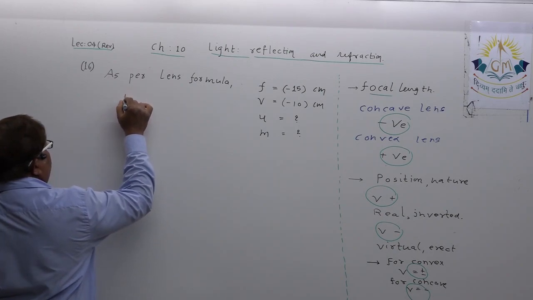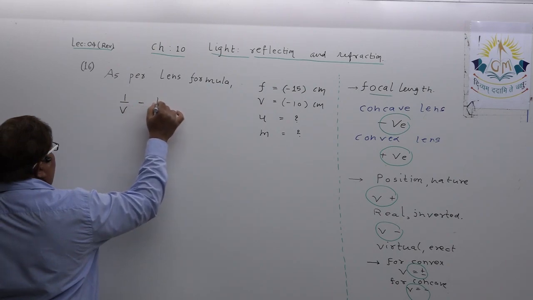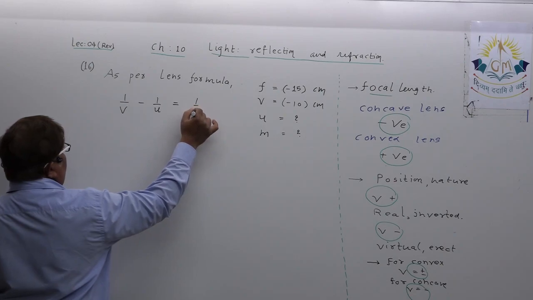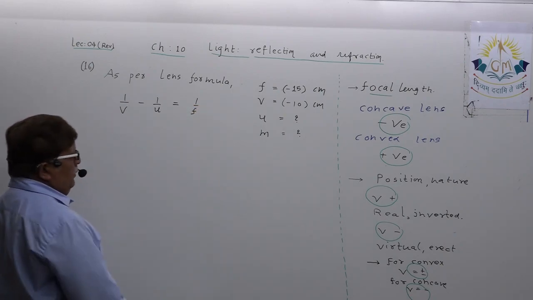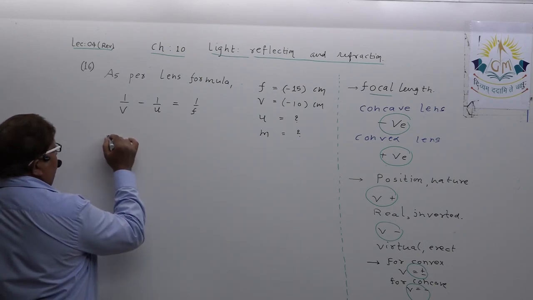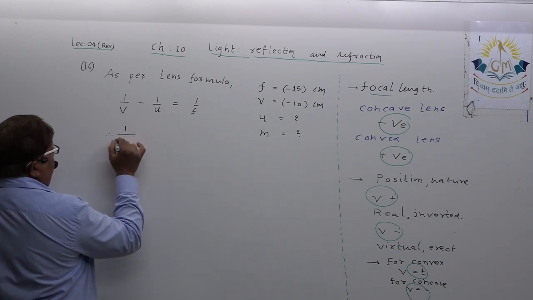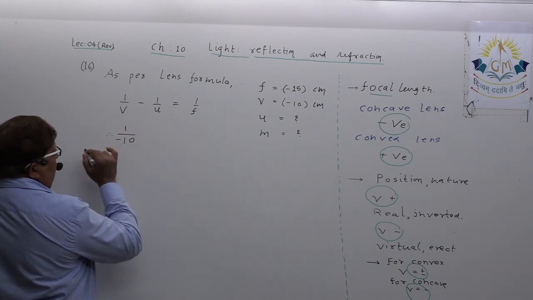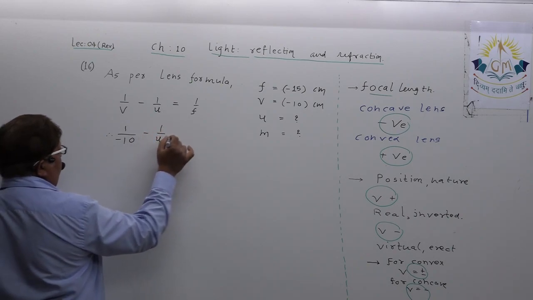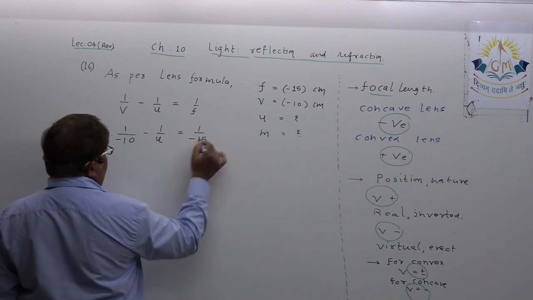What is that? 1 upon V minus 1 upon U equals to 1 upon F. Okay. Let me substitute the given values. 1 upon minus 10, U we are looking for, 1 upon minus 15.